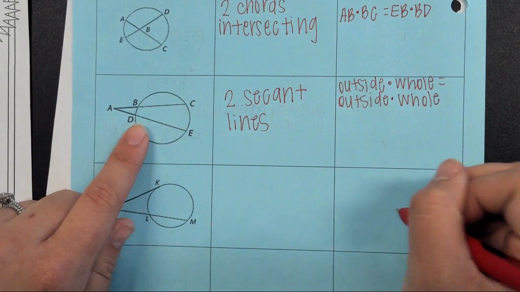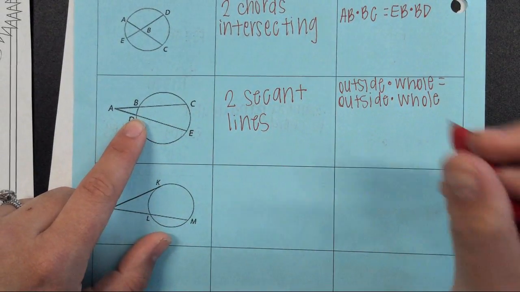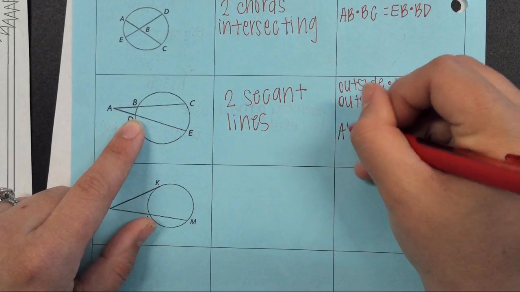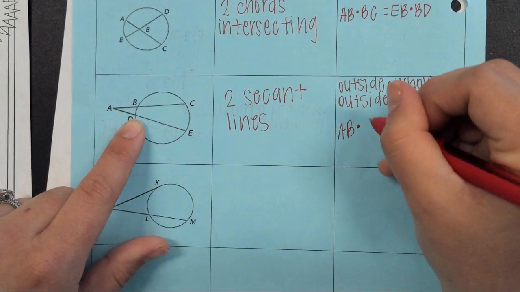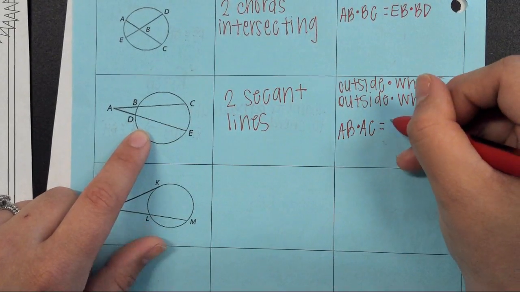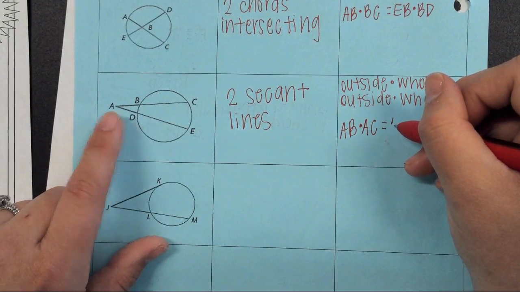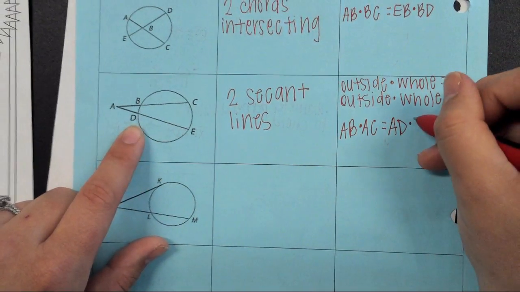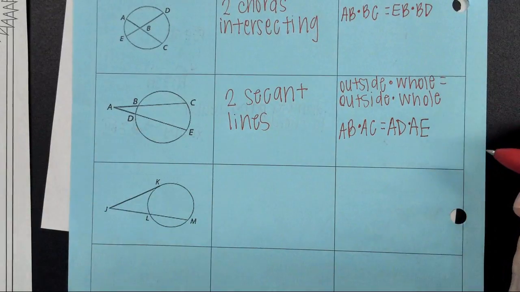Okay? Now, when we actually have these letters, what can we write? AB times AC equals AD times AE, right?